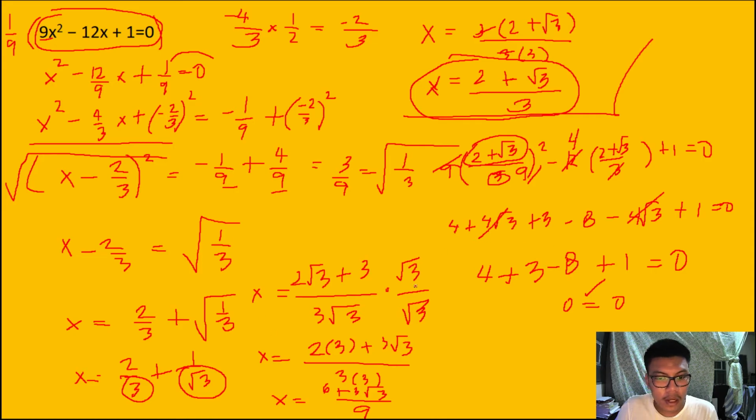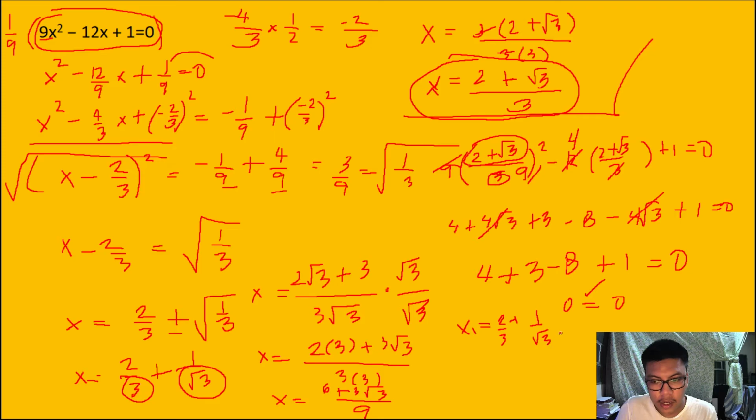So saan ba tayo naggaling? So ito, so this one is positive or negative. Okay, same lang din. So magkakaroon ka ngayon dyan, okay, isa mong roots, di ba? So isa mo, x sub 1 is equal to 2 plus square root of 2 over 3 plus 1 over square root of 3.